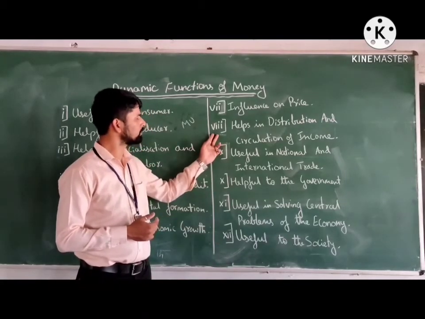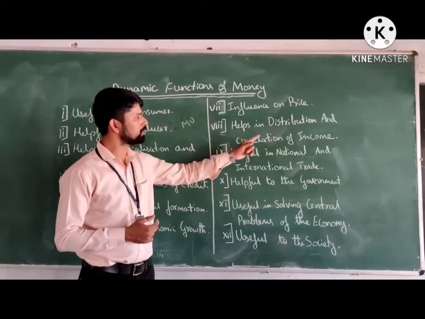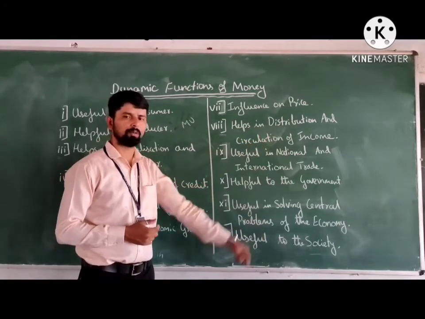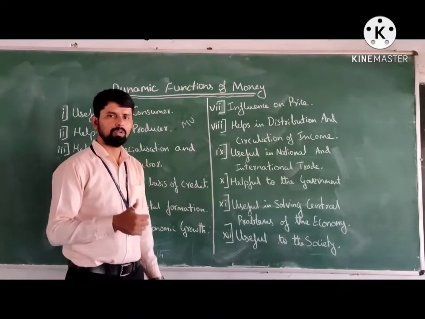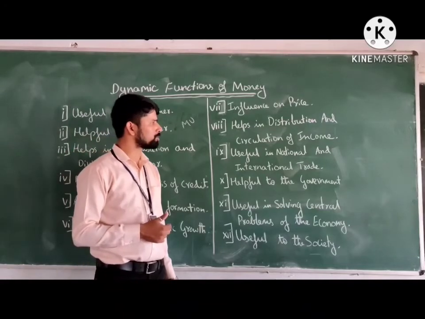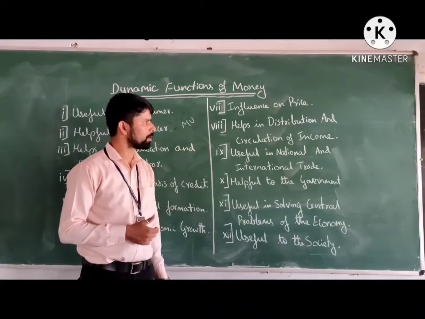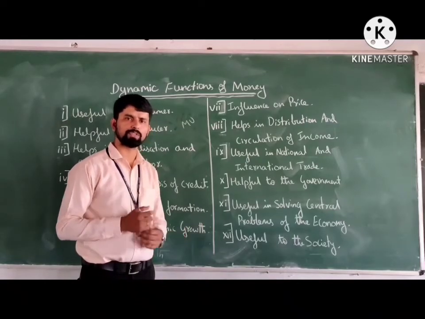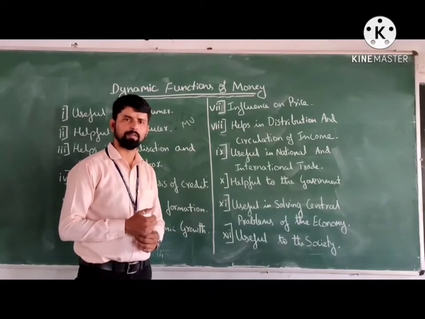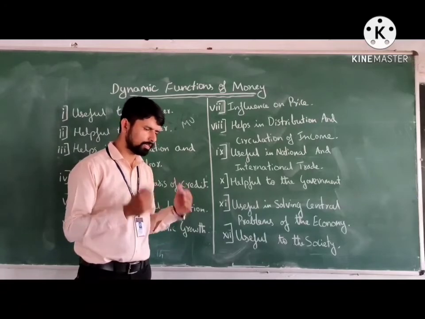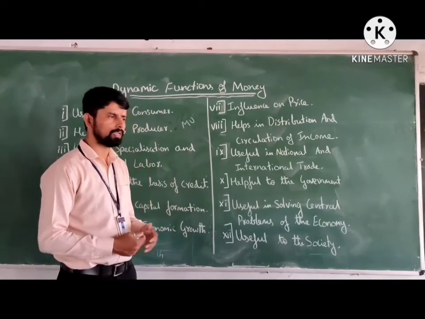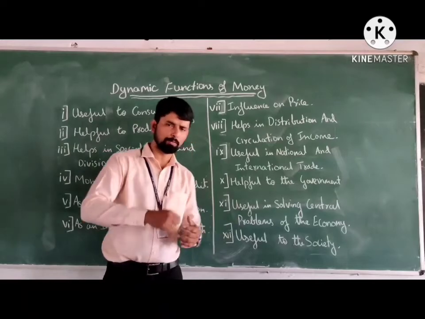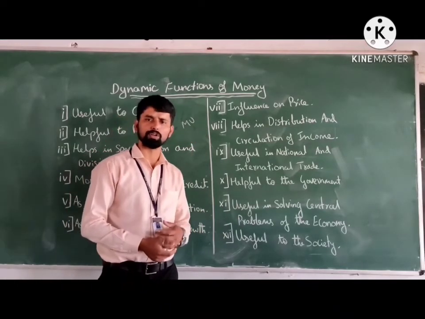Then eighth one, helps in distribution and circulation of income. The value of the commodities, the goods and services, are measured in terms of money. Not only the values of the goods and services, the prices of the raw materials, inputs and outputs are measured.